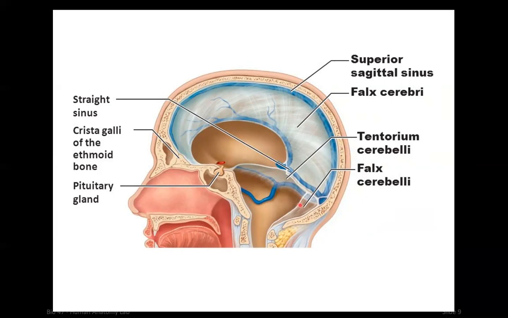There's another one in the same plane, that's the falx cerebelli, and that's also along the sagittal plane, and it separates the two hemispheres of the cerebellum, which would sit right here over the occipital bone.